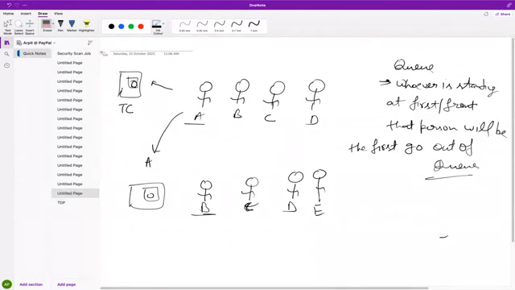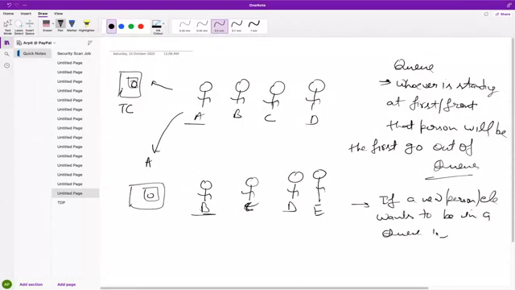So the second behavior which we observe in the queue is that if a new person or element wants to be in a queue, he has to stand at the last, or in some way we also say rear.